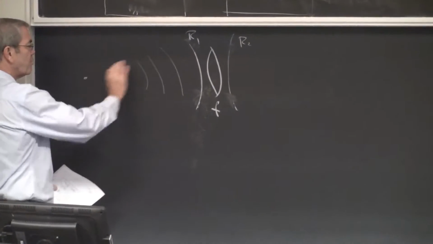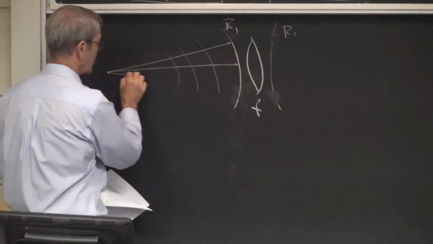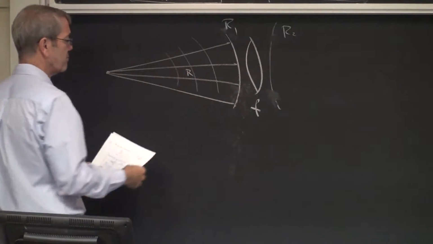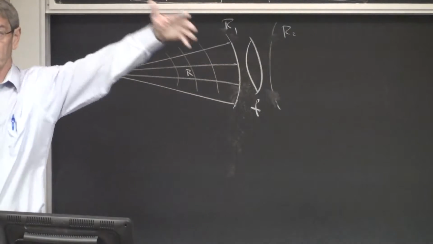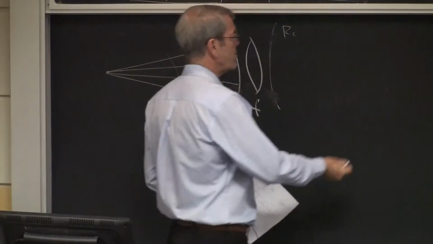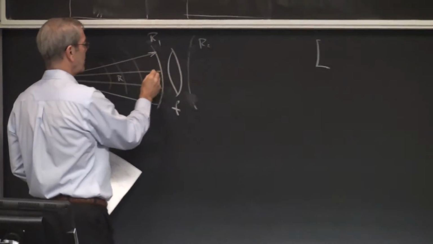They started at some point and originated. So I've got a bunch of rays, and they had to start at one point, and they're R1 away, right? So there's this nice spherical wave out here. Well, let's look at the ray matrix. I've got this ray coming in, and what do I know about it?